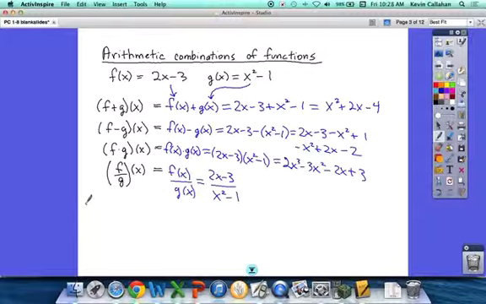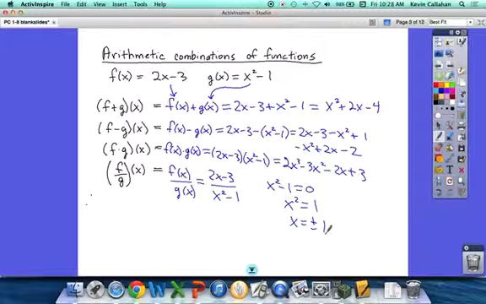And you could figure that out either by just set that equal to zero and solve. I mean, it's factorable. It's x plus 1 times x minus 1. So there you'd get it that way. But the zeros of the denominator are not in the domain.